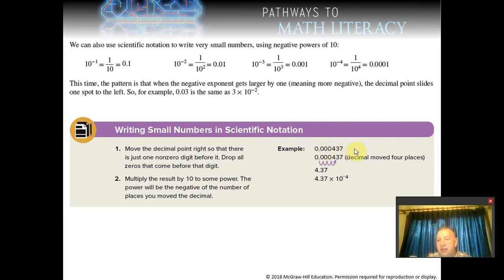I can go ahead and write that in scientific notation as times 10 to the 0. And every time I move it over to the right, I really need to replace that I'm dividing it by 10. So I'm dividing it by 10, 1 time, 2 times, 3 times, 4 times. If I put it there, there's my 4 times. So I'm really dividing this number by 10 to the 4th, or 10,000.